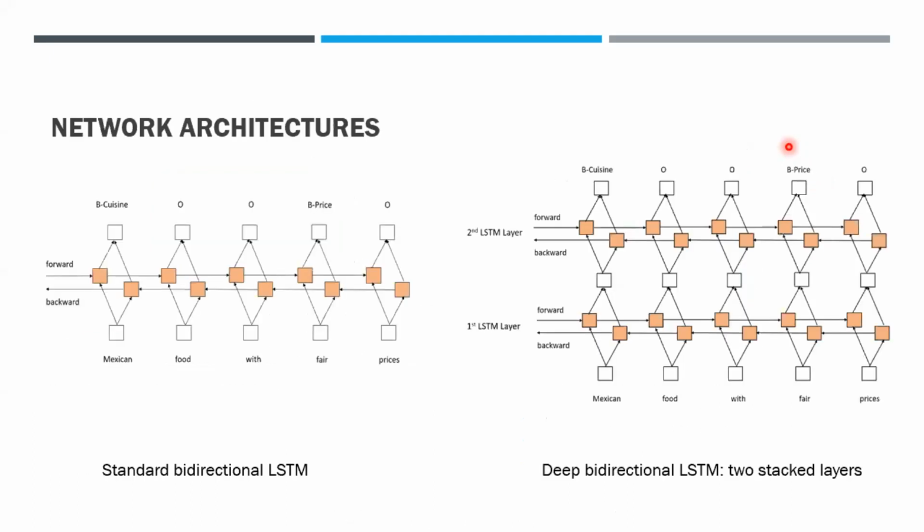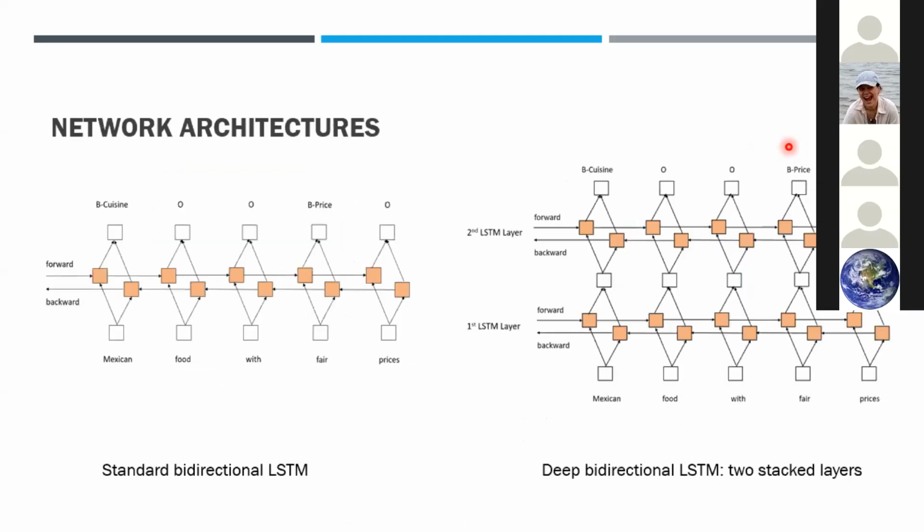So we'll try both of these cells and see which one works better and which one we should use for our task. The architectures that we considered were, first, the standard bidirectional LSTM cell shown on the left-hand side. Why do we need a bidirectional network? Because in a language processing task, not only might words before the current word affect the outcome, but also something that comes perhaps at the end of the sentence might be important.